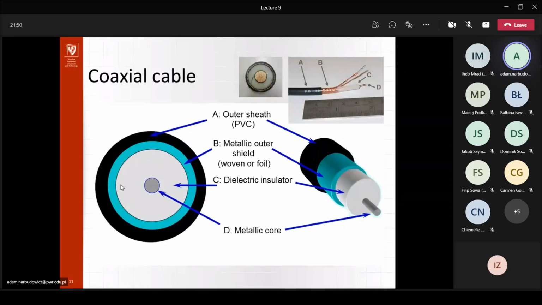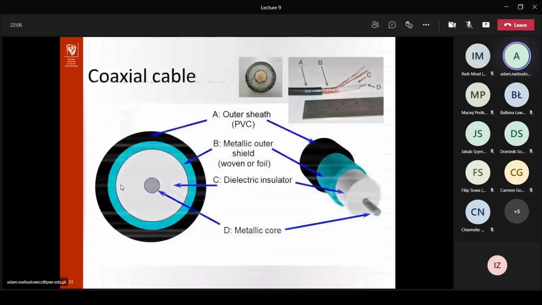So you need a dedicated structure which connects a balanced antenna to an unbalanced feeding line, or vice versa, a balanced feeding line to an unbalanced antenna.